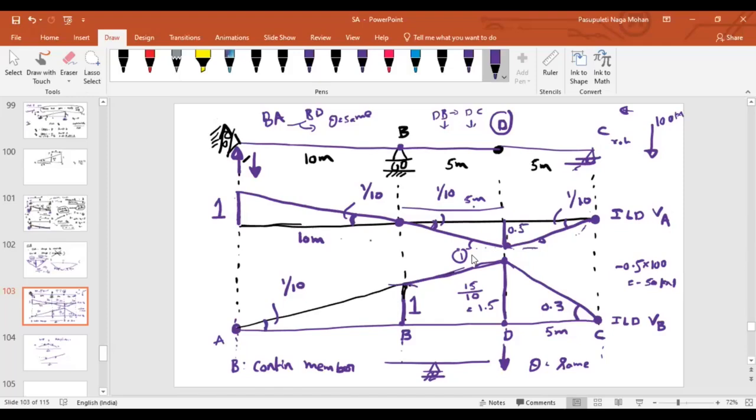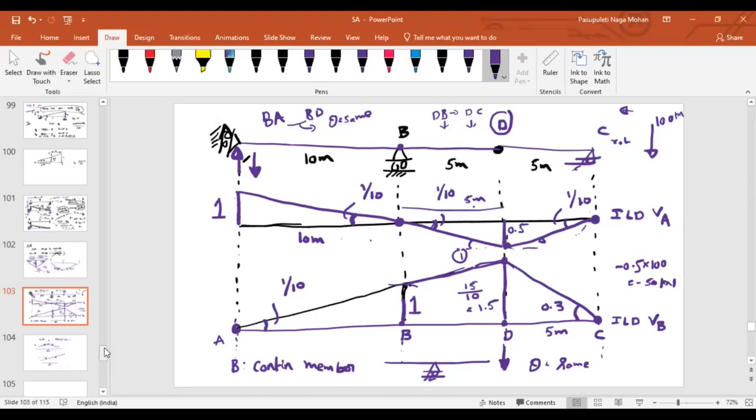Similarly, can you guys try it for ILD for VC? Draw it for ILD for VC. Again, try it in a similar way and let me know how you are getting the deflected shape. From A to B, it will be 0 only, sir.